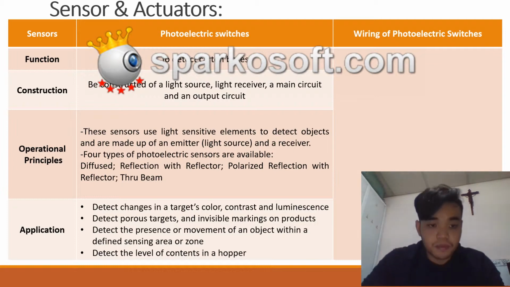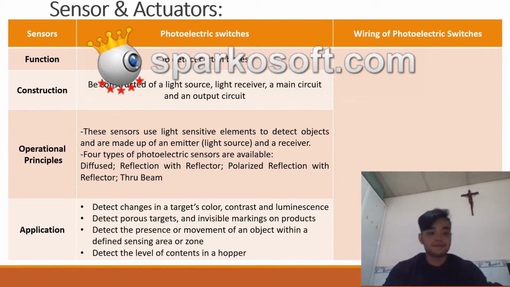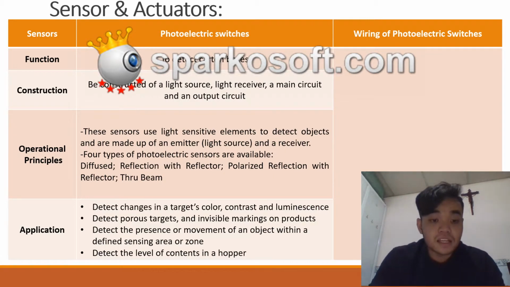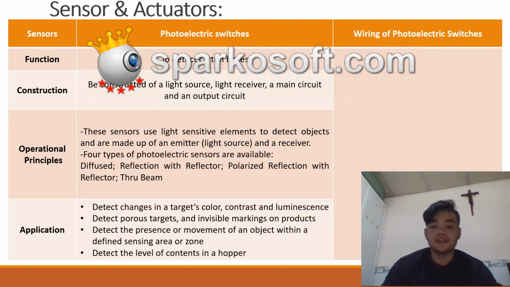The working principle is a sensitive element to detect objects, made up of an emitter light source and a receiver. Its applications are detecting changes in color and contrast, and detecting the level of content in a hopper.